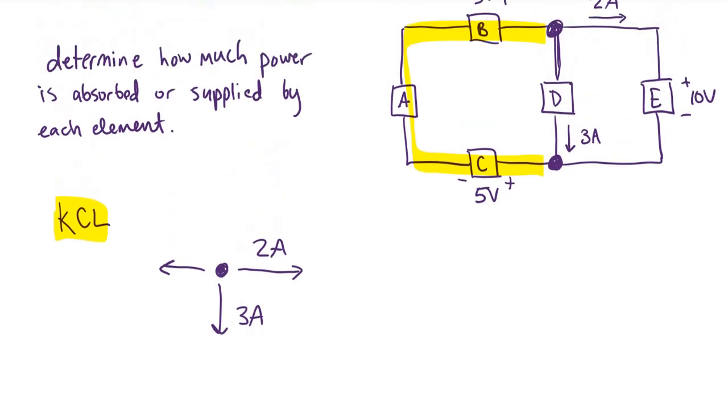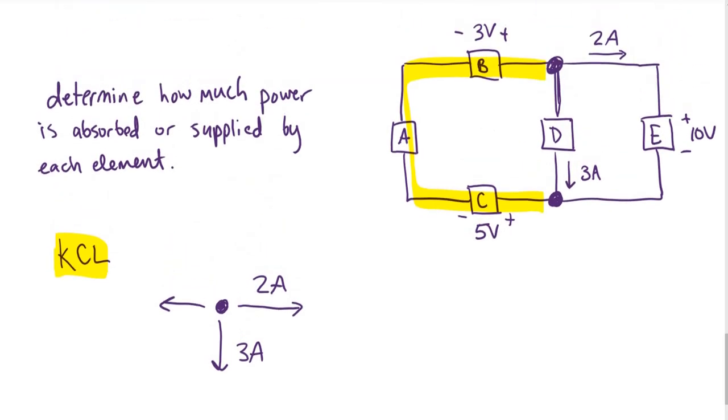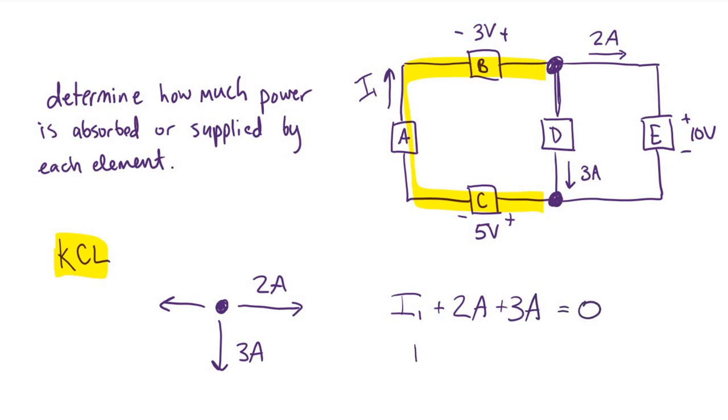I can label it anywhere on this loop. I'll label it right up here, call it I1. And then what we have from Kirchhoff's current law is I1 plus 2 amps plus 3 amps is equal to 0. Then I1 is equal to minus 5 amps.